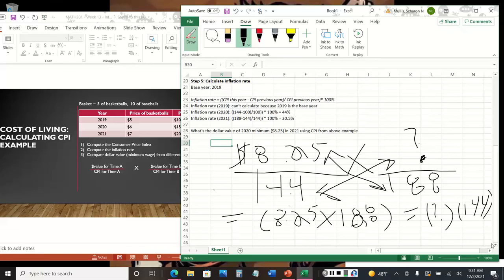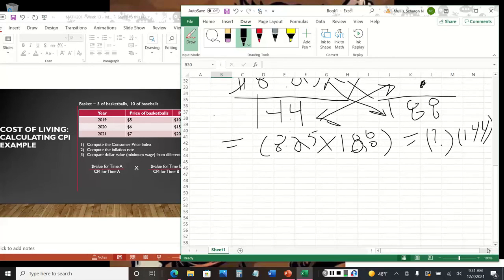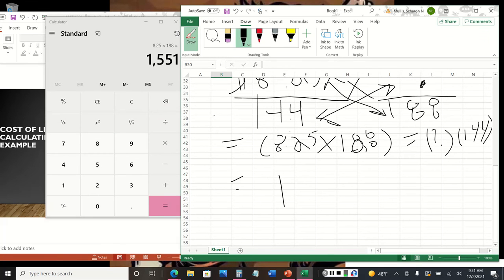Let me move down a little bit so you can see it. And that all equals, let me get the calculator out, 8.25 times 188, 1,551 equals, again, we have that question mark there, 144. So we need to get the question mark on the side by itself.